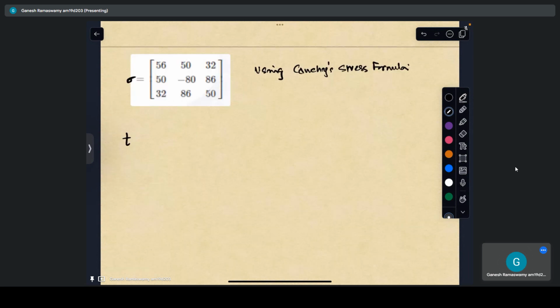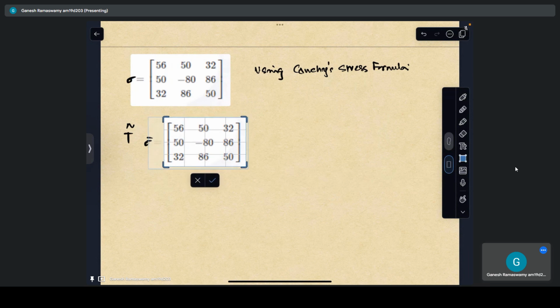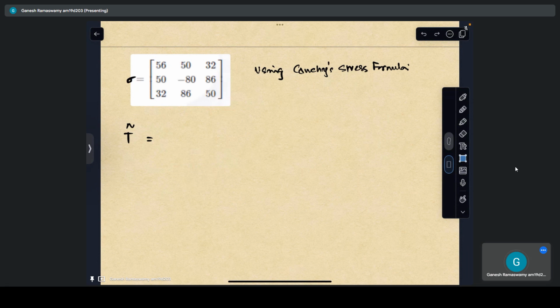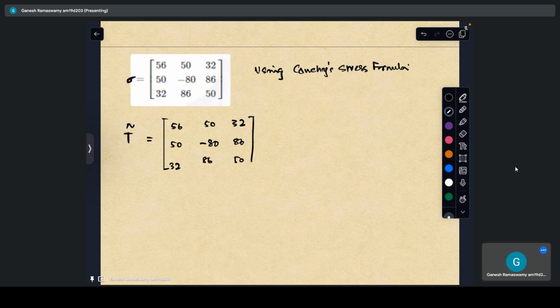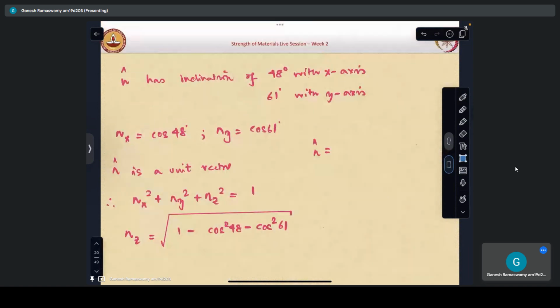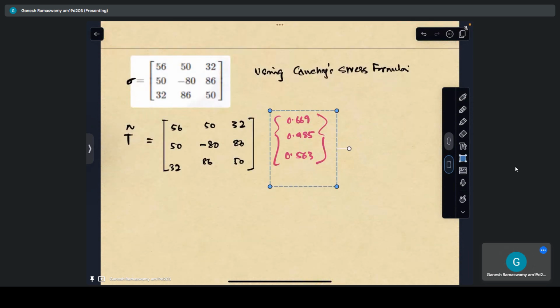I know that T, or rather let me use the capital one, T is given by my matrix 56, 50, 32 into my traction vector into my normal vector, which is this.